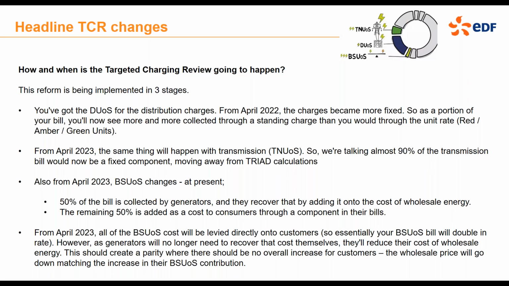If you're in the south or southeast, there's a component which could be up to 10%, which is still determined by triads. And this is probably quite a detailed point, which I can pick up offline and we can provide some more guidance on, depending on what region you are. But I think the main message is that there's a huge amount more costs which are now fixed, so there's less opportunity to avoid them. So everybody pays a proportionate share. So the main focus has been in the interest of balance and fairness and even recovery of these costs.